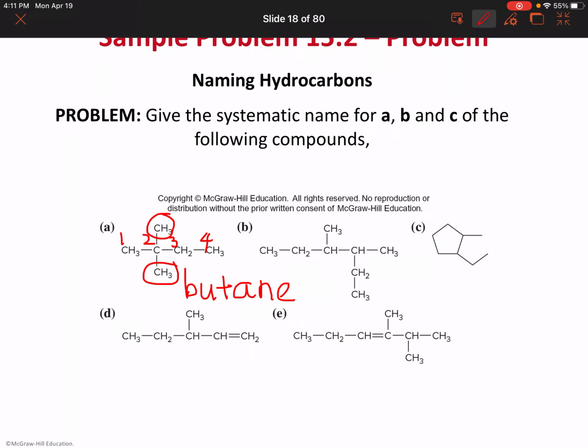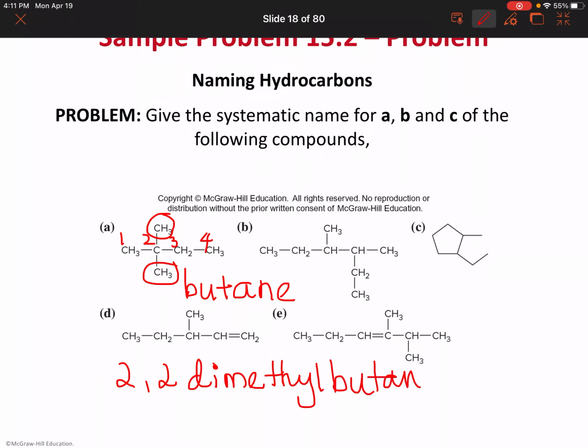So you have to say 2,2-dimethylbutane. So there are 2 methyl groups on carbon 2. So you would say 2,2-dimethylbutane.